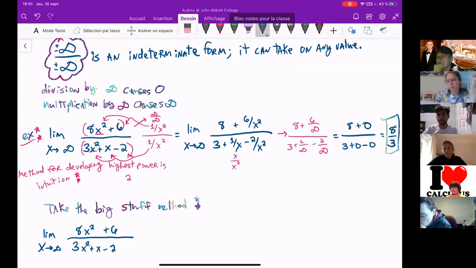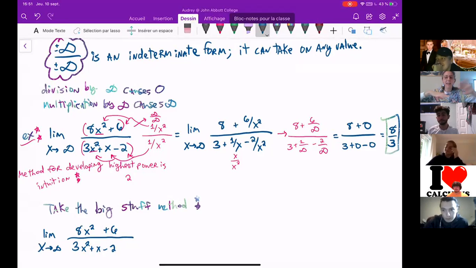What's the value of 6 if x is infinity? Still 6. There's no x there. The value of 6 is just 6. So in other words, 8x squared is infinitely bigger than 6. If I add 6 to infinity, does that change anything?